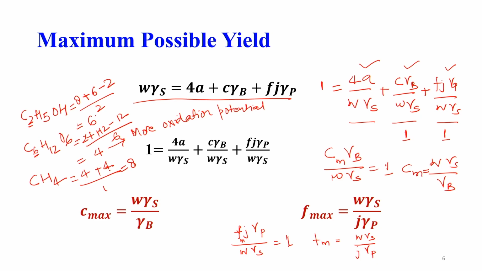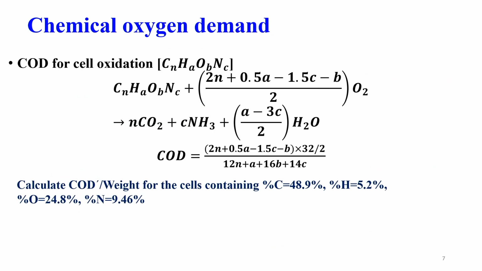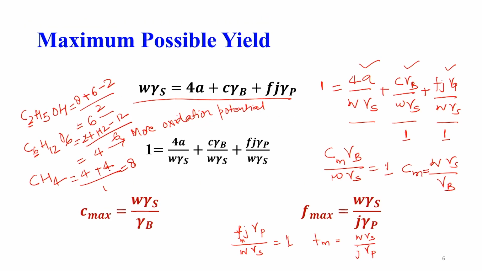Ethanol's degree of reduction is 6, which means it is somewhat reduced and has less potential for oxidation. In this way we should be able to calculate the degree of reduction once the molecular formula is known to us.